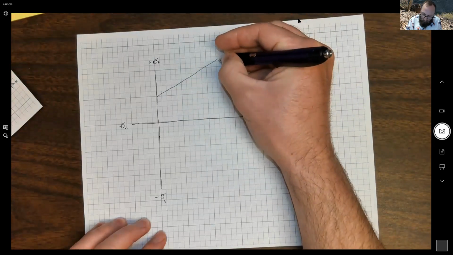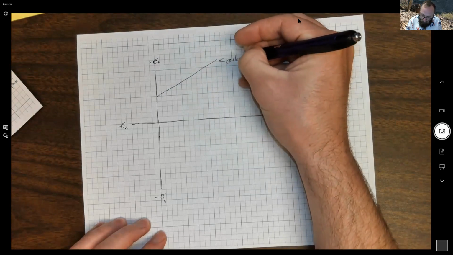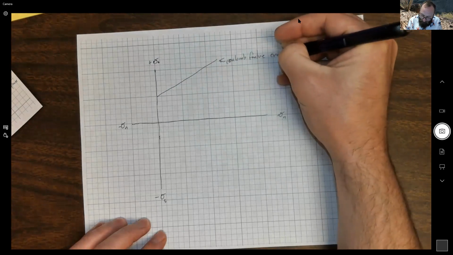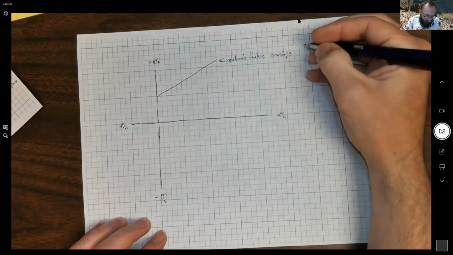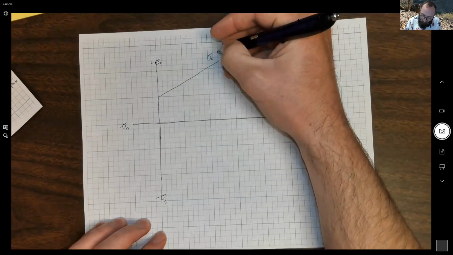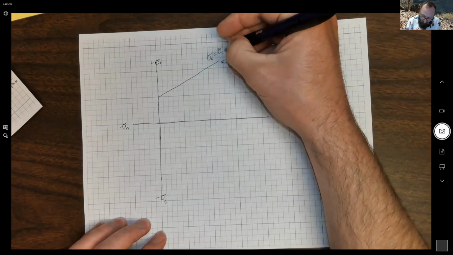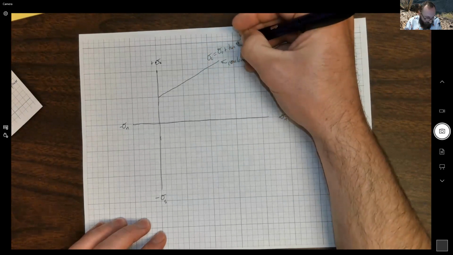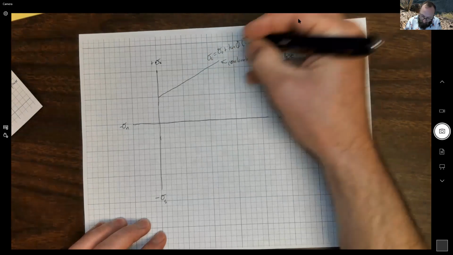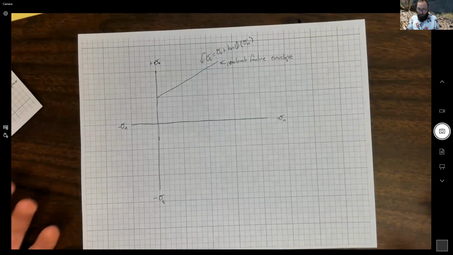We call this the Coulomb failure envelope, and this is essentially sigma c equals sigma naught plus tan phi sigma n. That's the equation for this linear function.